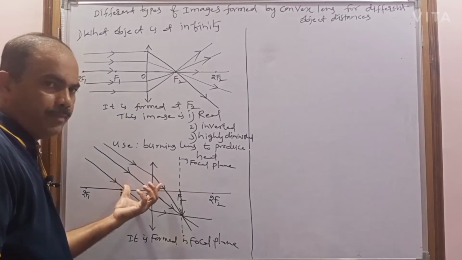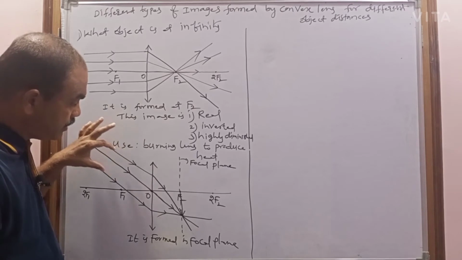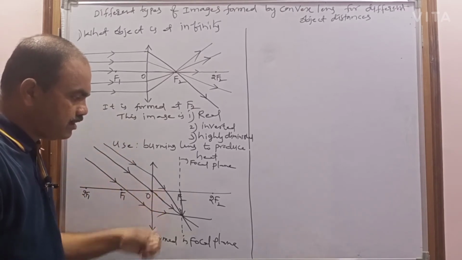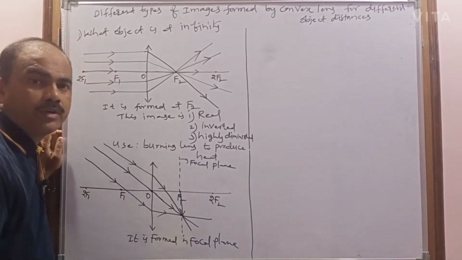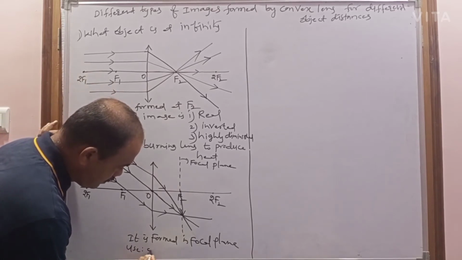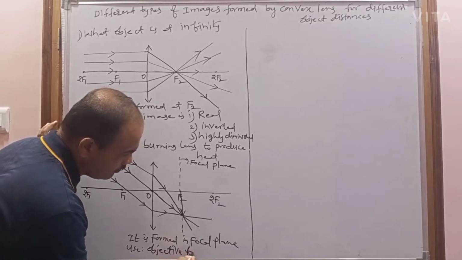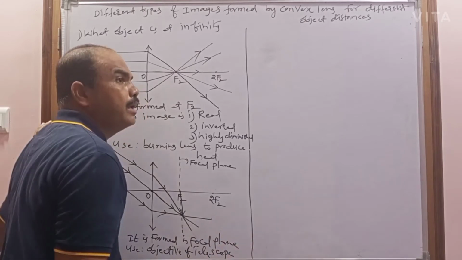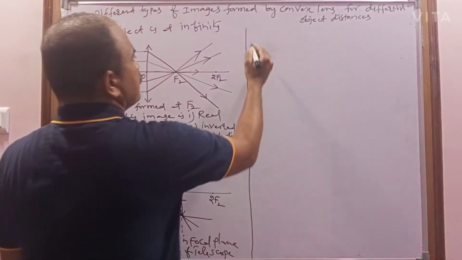This type of image formation can be used in the objective of a telescope.